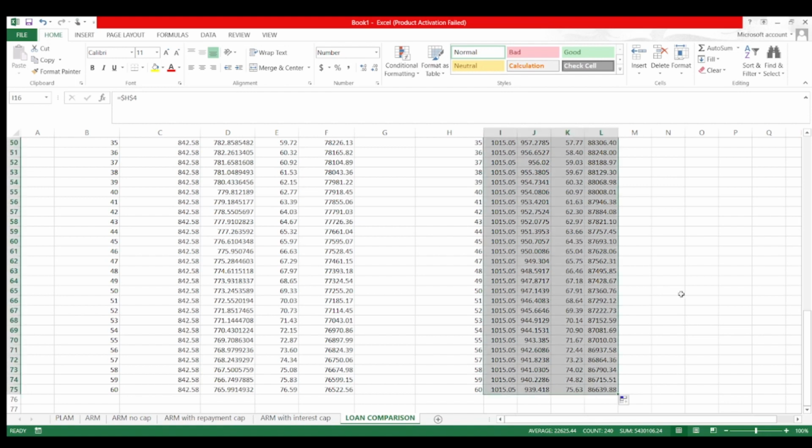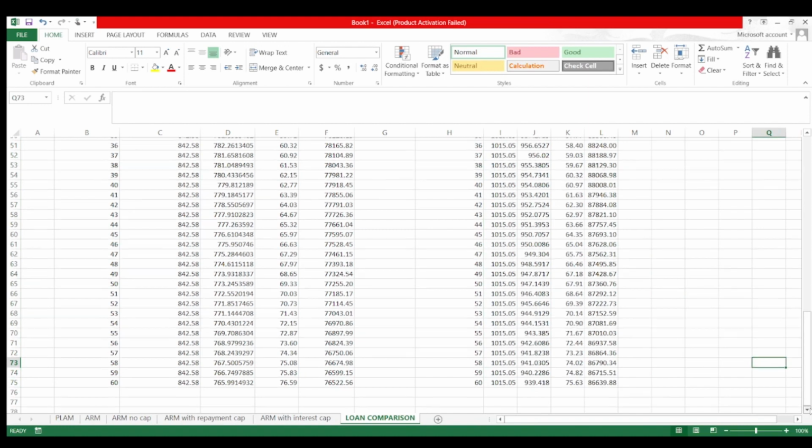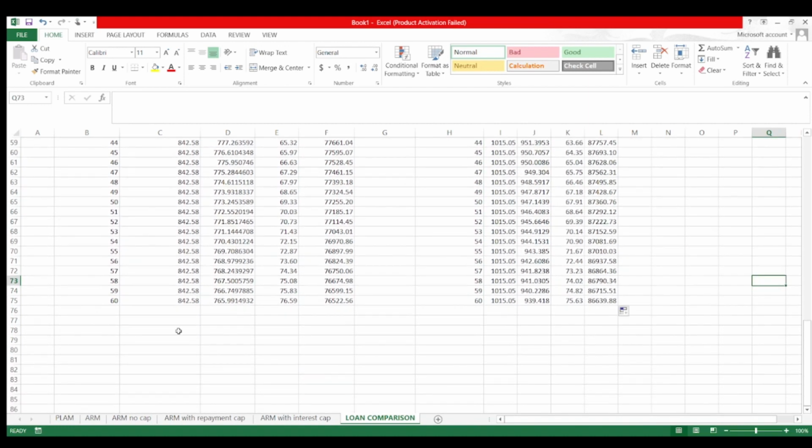So what we need then to note is the differences. So first, we look at the difference in the monthly repayments.